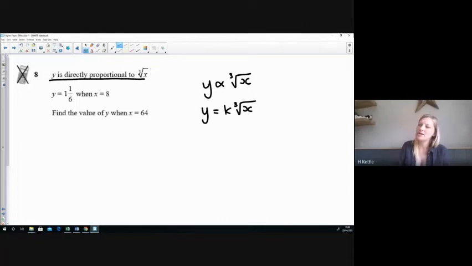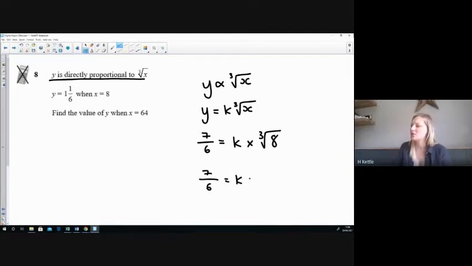Now it says y is 1 1/6 when x is 8. So let's substitute those values in and then it will let us work out k. So 8 is x, so y is 1 1/6. I'm going to write 7/6 instead of 1 1/6 because it's the same thing. 7/6 equals k times the cube root of 8, which is 2. So 7/6 equals k times 2.